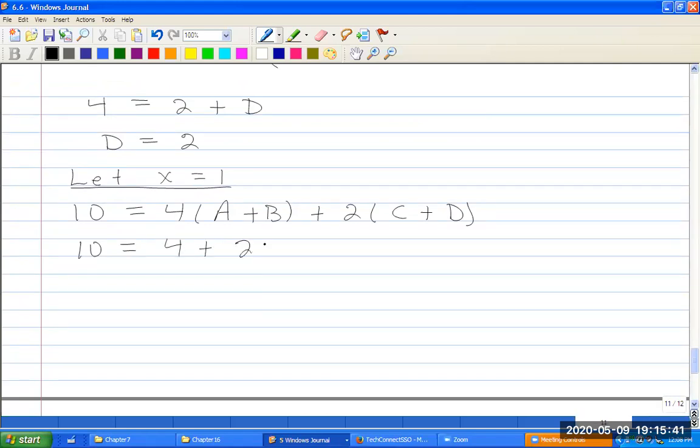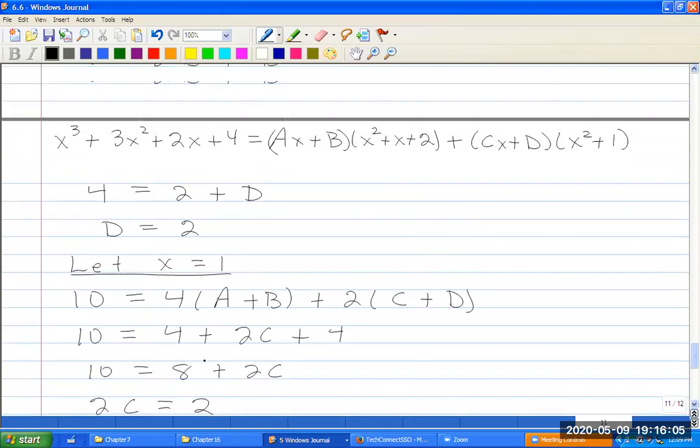And 2C plus 2 times D, 2 times 2 is 4. So I have 10 is equal to 8 plus 2C. So 2C is equal to 2. So C is equal to 1. So I now have my answer.